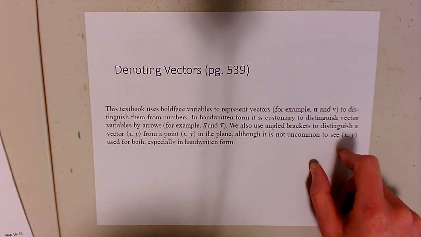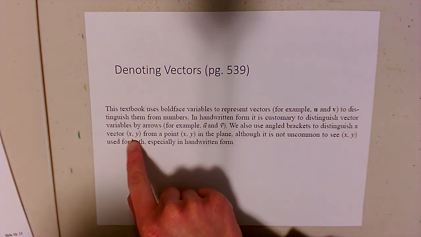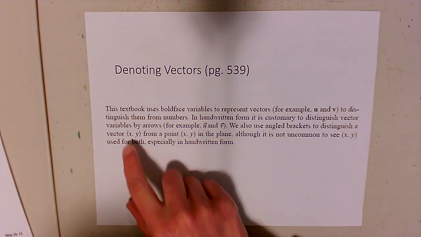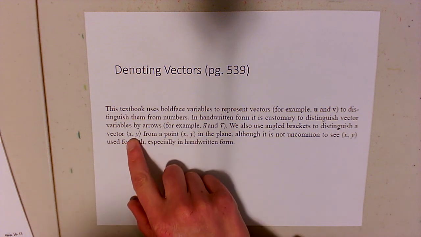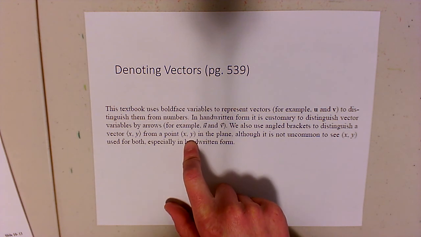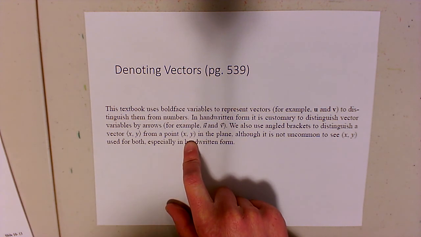We can also use those angled brackets that look almost like arrowheads to distinguish vectors from points. So you can have the vector ⟨x, y⟩ with angled brackets on either end, and the point (x, y) that has parentheses on either side of it.